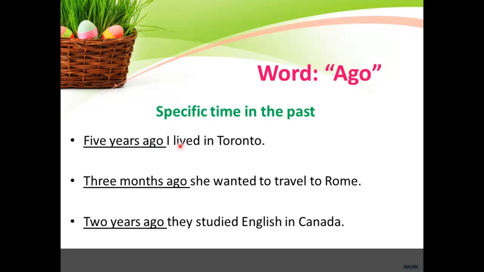Note how the verb is in past. Lived. 5 years ago, I lived in Toronto. 3 months ago, she wanted. Ed. Ed. 2 years ago, they studied English in Canada.